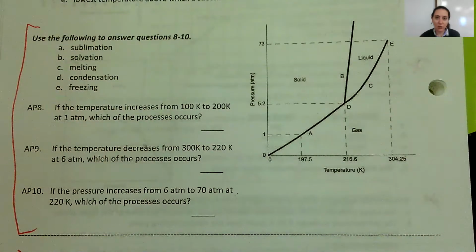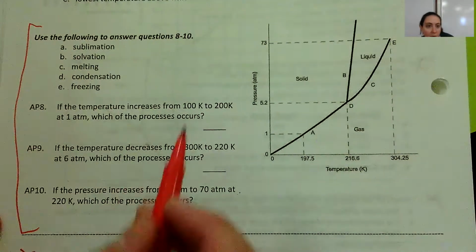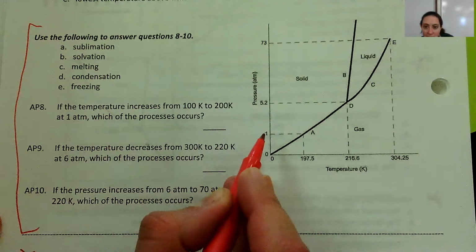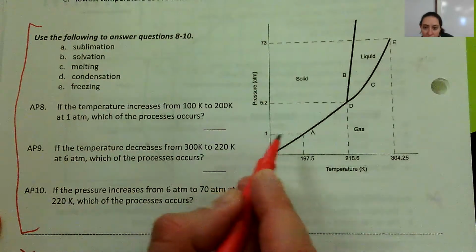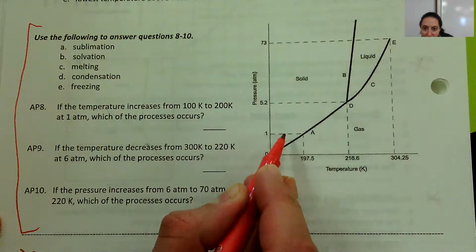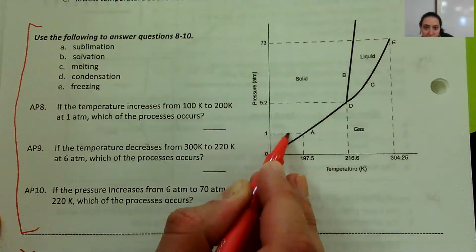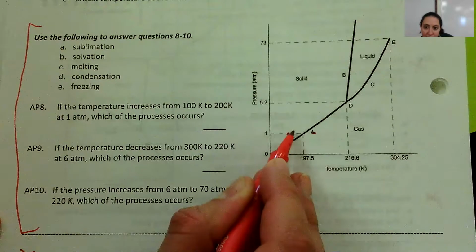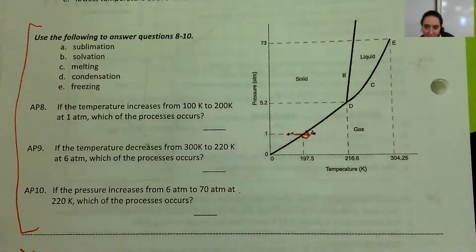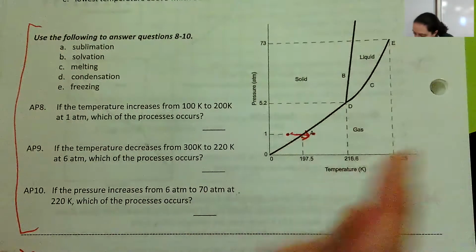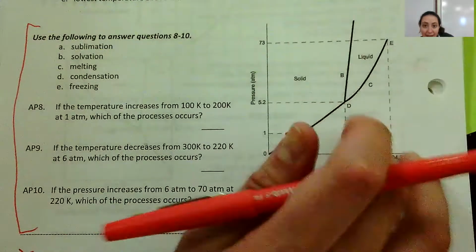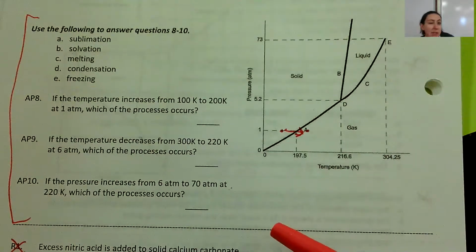If the temperature increases from 100 Kelvin to 200 Kelvin at 1 atmosphere, which of the processes occur? So let's start, 1 atmosphere is here. So we're going from 100 K, which is going to be about here, to 200 K, which is about here. So what's going to happen? Well, it looks like we are going from a solid to a gas. So that's going to be sublimation.